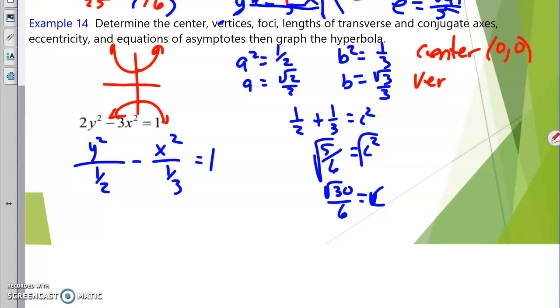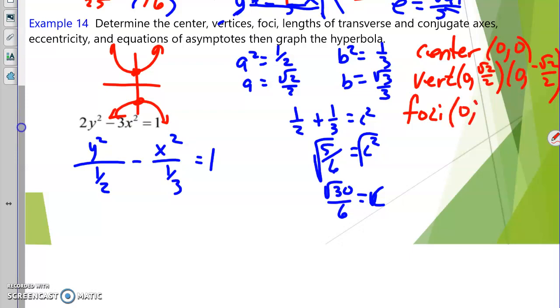The distance to those is going to be the square root of 2 over 2, so my vertices are at 0, square root of 2 over 2 and 0, negative square root of 2 over 2. My foci, which are the distance c, we already have, so I'm going to use square root of 30 over 6 and negative square root of 30 over 6.